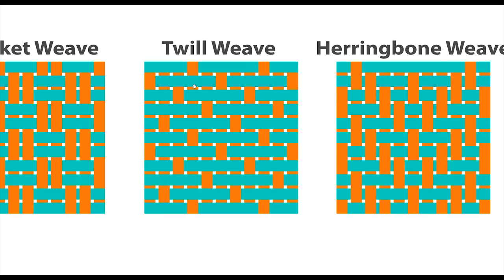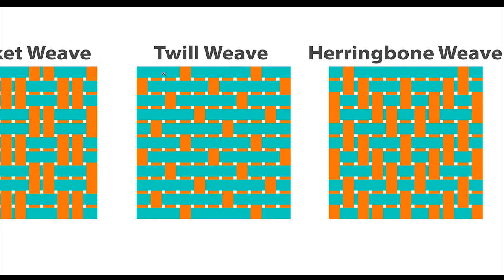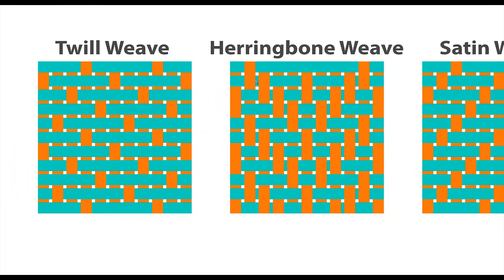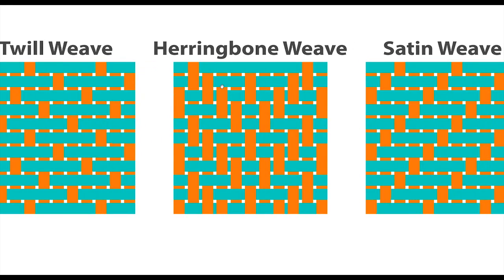We have twill, that is different here. We have 3 and 4. So it's actually quite different to see it work. Herringbone, that is the one that we did before, or close to the one that we did, in which we have these big V shapes again and again.